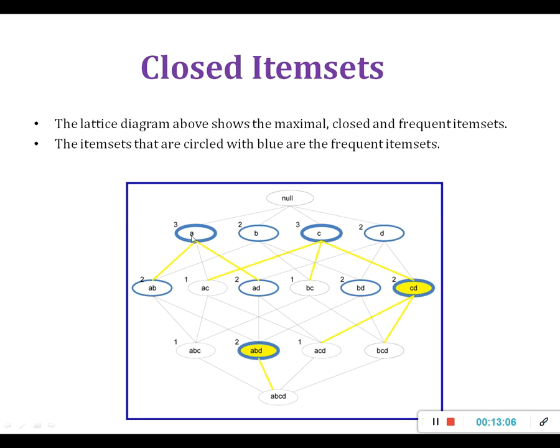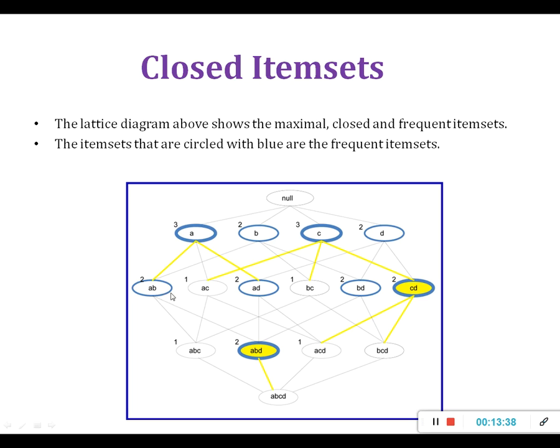Whatever we find in the next level are all supersets of these subsets. So A, B, C, D are the subsets and whatever we have mentioned in this level are supersets of these subsets.